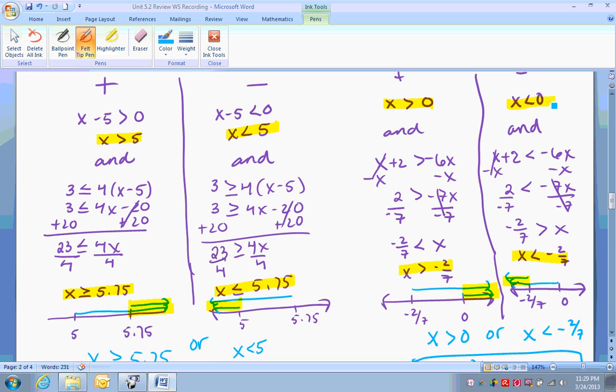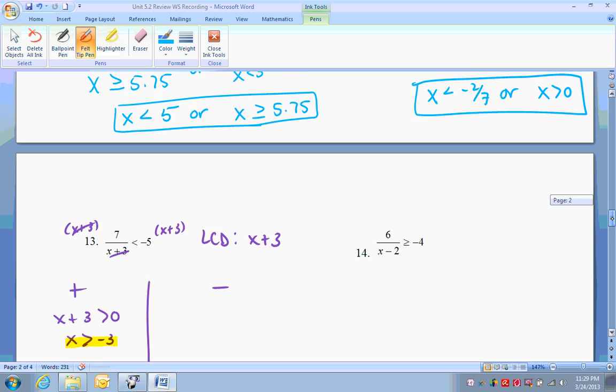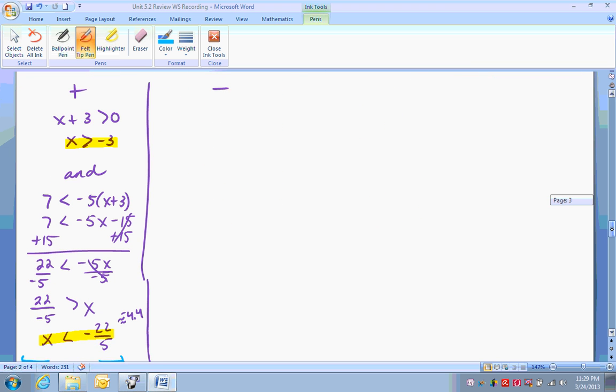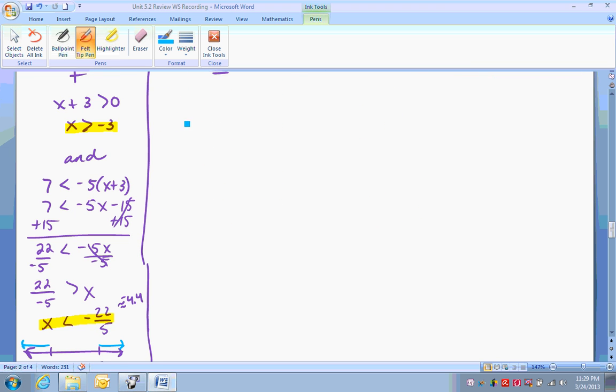And the same thing happens in the other problem we did. We had x is greater than 0, and then x is less than 0. And then we had x is greater than negative 2 over 7, and x is less than negative 2 over 7. So back to problem 13, I don't even need to do all the work again. I can just flip my signs.